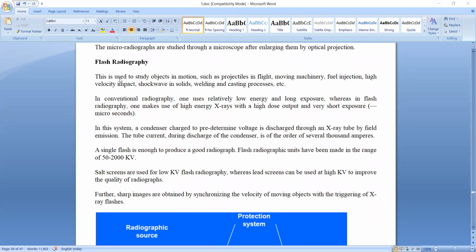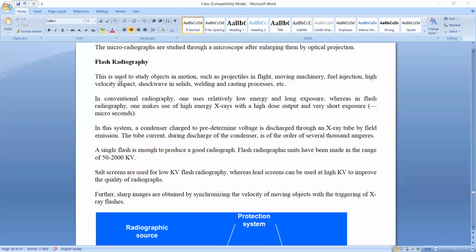Suppose a machine is under running condition, and stopping it causes so much loss because production may stop. In such cases we have to check the particular machinery part under working condition, so we select flash radiography.